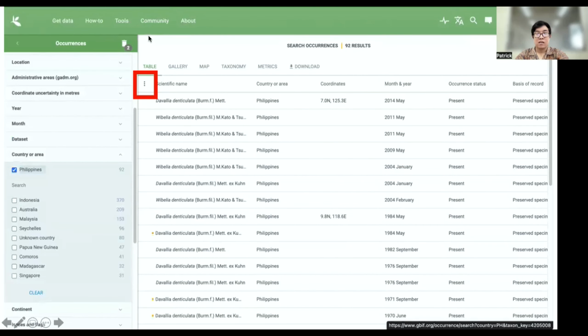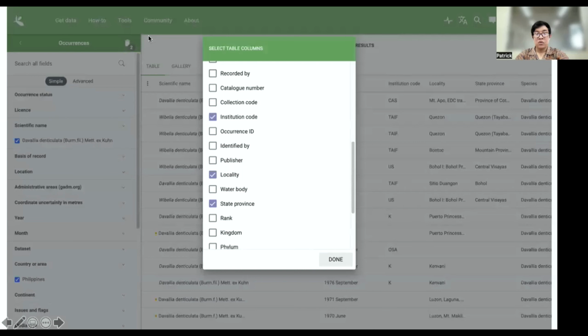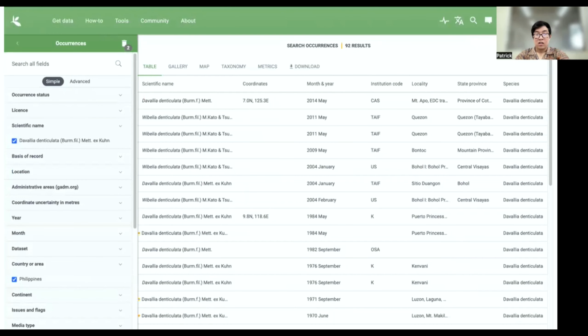Click settings, check institution code to find out where the voucher specimens are deposited, and click locality and state province. There you go. You can now see the extended localities where the Davallia denticulata can be found.